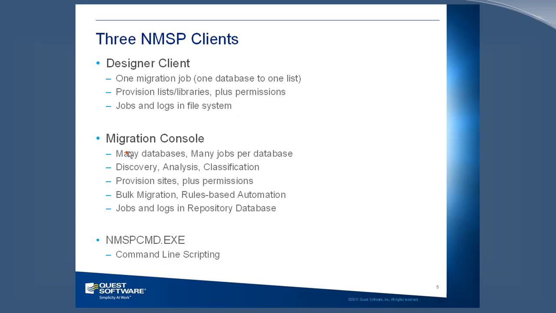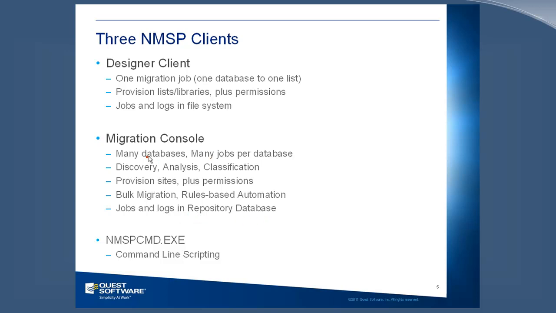So in the migration console, on the other hand, everything lives in a repository. It's a big database that we keep, where we've found all the databases, and we've associated the jobs with the various databases, and we associate the resulting log files with the jobs, all in this big repository database.